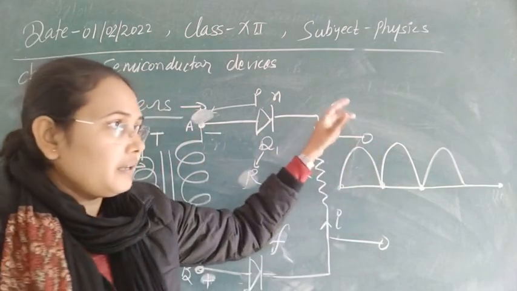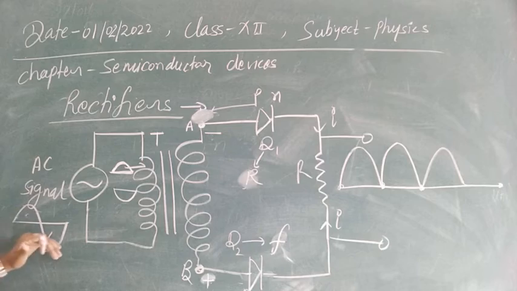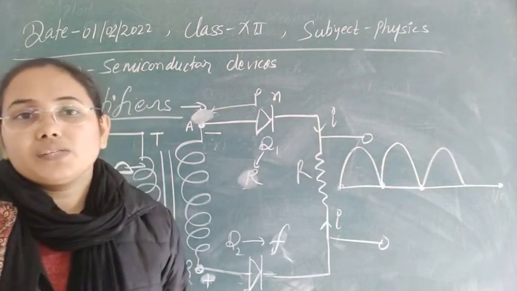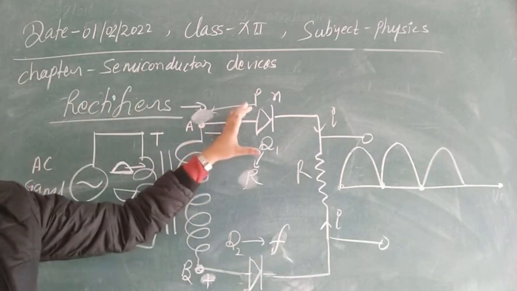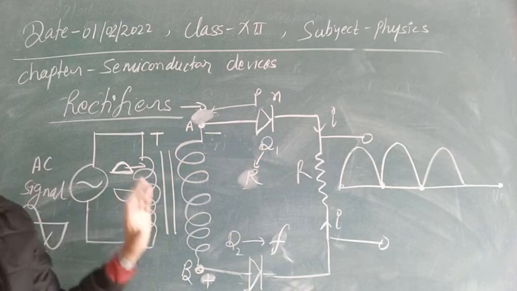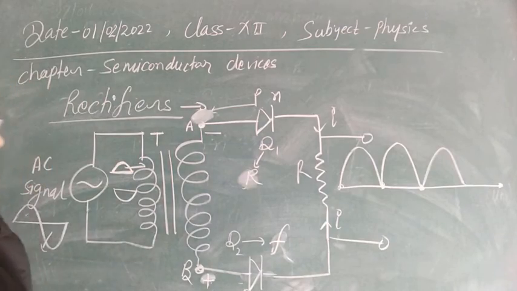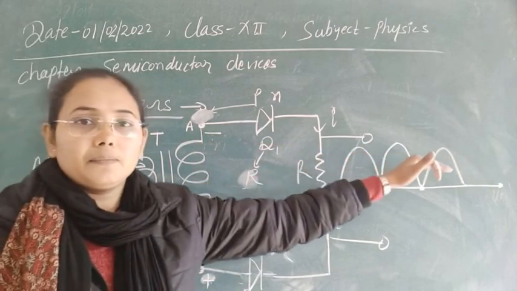So we have rectified both the positive half and the negative half as a unidirectional signal. This is known as a full wave rectifier. In the half wave rectifier only one diode is used and conducts only for the positive half, so we get half wave output, while using two diodes we get both halves in the output.